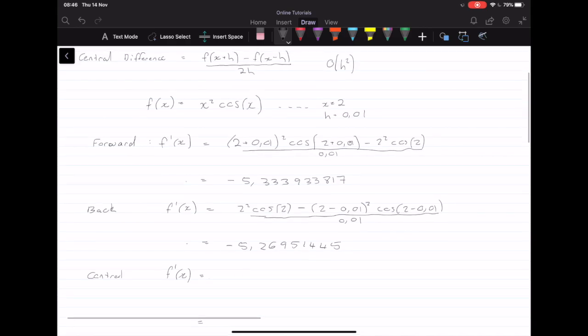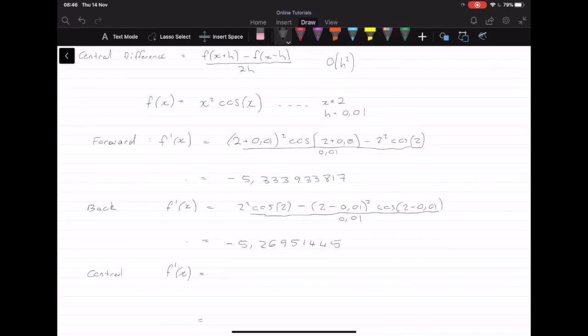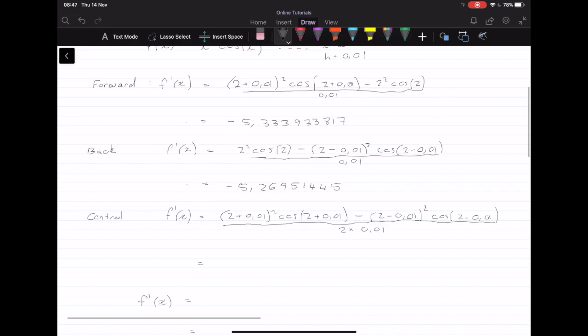Lastly, we have the central difference: f of x plus h, 2 plus 0.01 squared cos of 2 plus 0.01, minus f of x minus h, 2 minus 0.01 squared cos of 2 minus 0.01, all over 2 times h, which is 0.01, and the answer that we get is minus 5.301724134. As we can see, we always get slightly different answers for each one, and we know that the derivative actually has a single value.